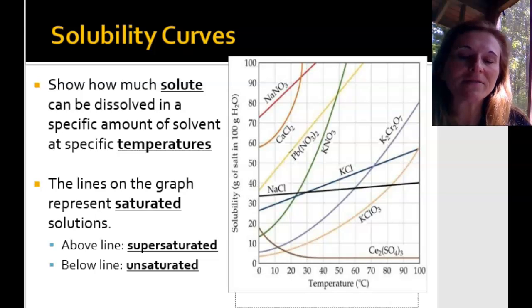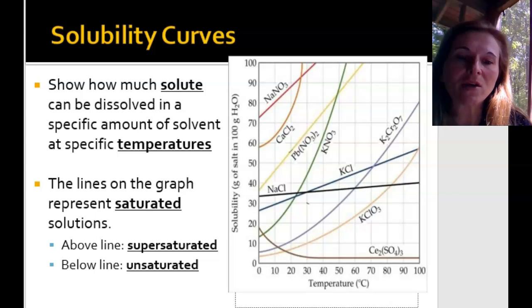So we have all these different solutes that we're looking at. And what it's showing us is where the line is where we would be at saturation. That means that the solvent is holding as much of that solute that it possibly can at that temperature.